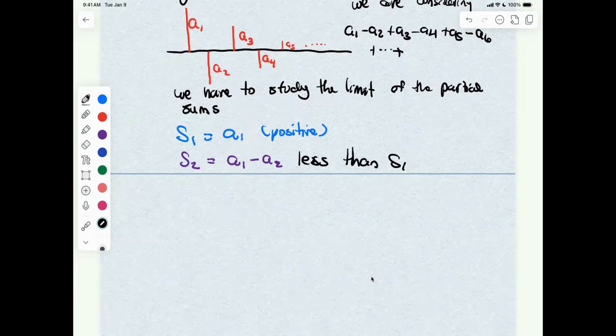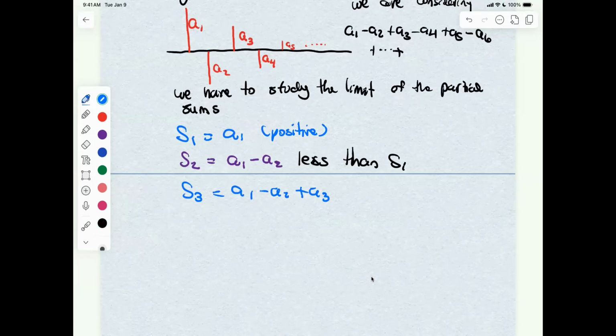Now, I will just do two more, and hopefully that will show you where the pattern comes from. So if you do S3, what is S3? That's A1 minus A2 plus A3, right? There are two ways to think about it.